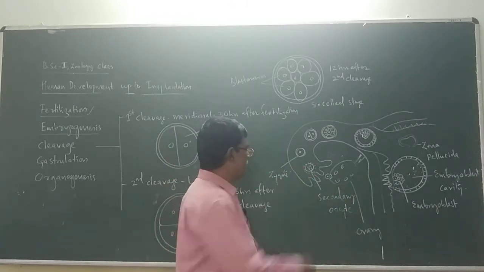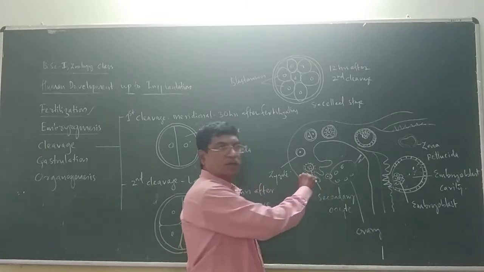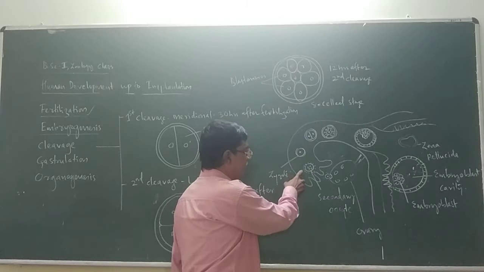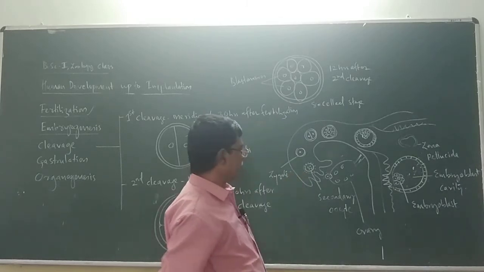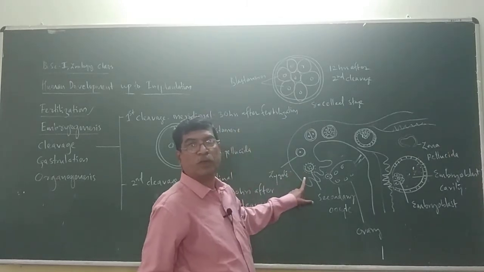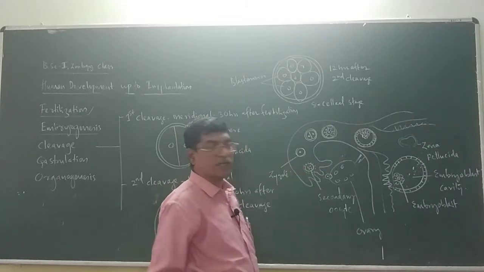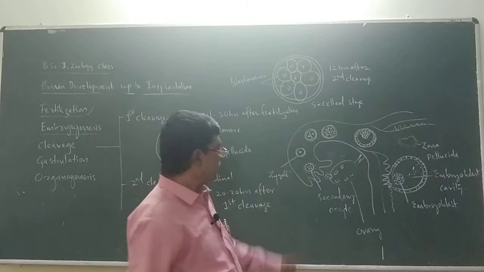These are fimbriae, finger-like projections. They capture the released ovum. Now the ovum has entered into the cavity of the fallopian tube, and this is surrounded by the follicular cells.